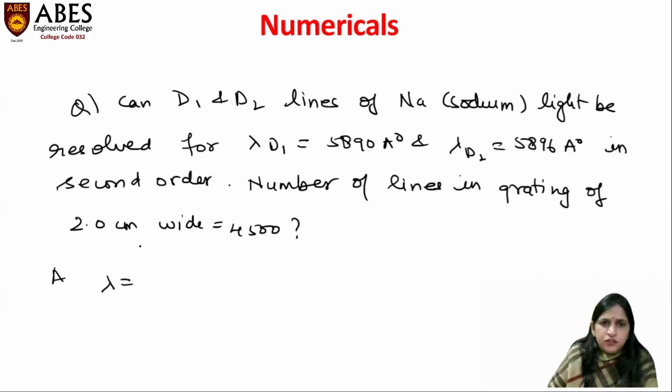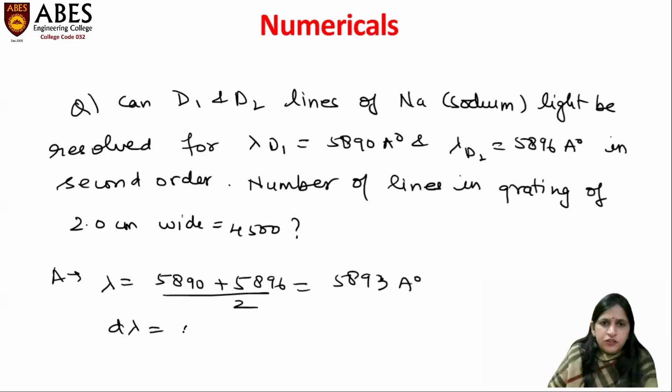Because the question is whether the light can be resolved, this is a question of resolving power, unlike the last one, which was of dispersive power. So we have to take the average of both, which will be 5893 angstrom. And the difference between the two is very clear from the numbers themselves: it is 6 angstrom.